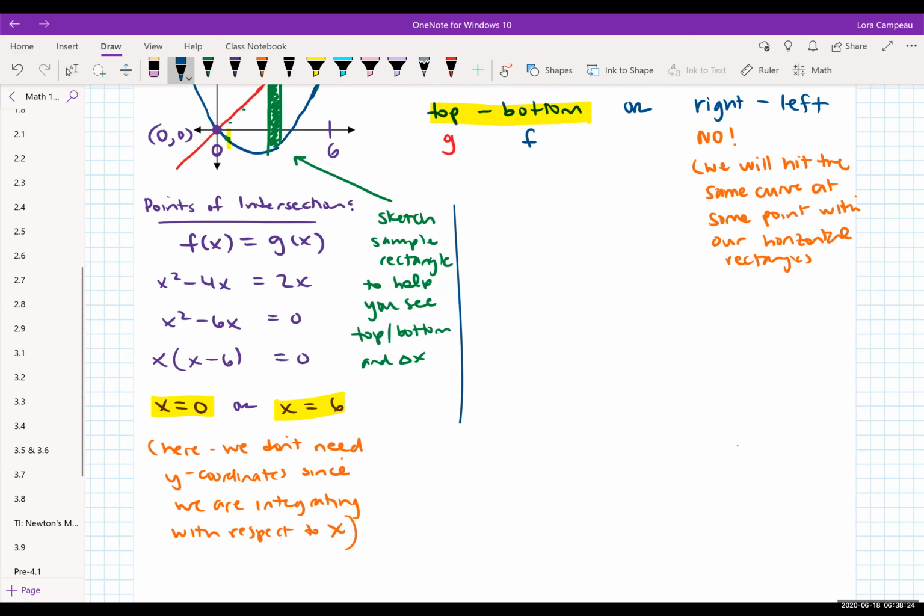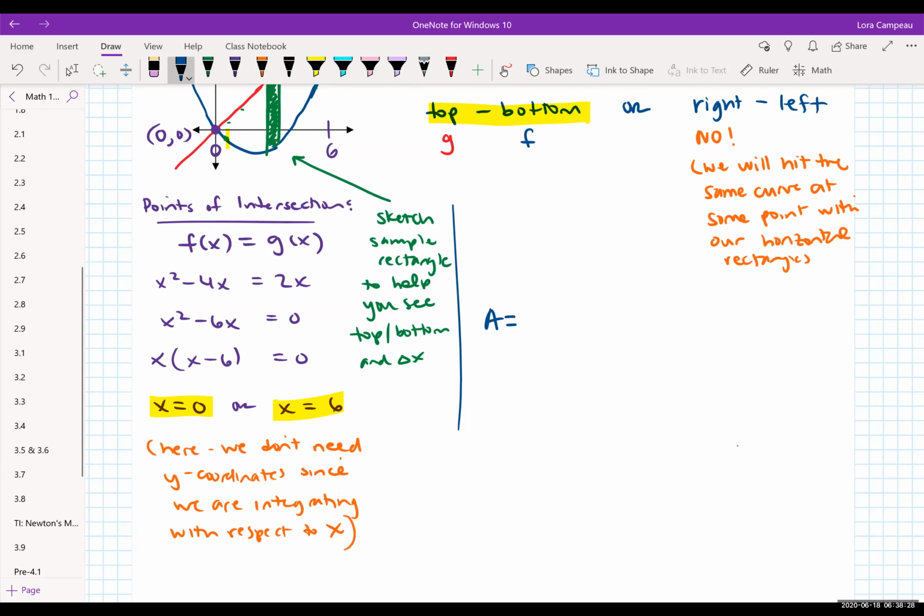So now, having said that, we can now look at our area formula. An integral from a to b of your two functions being subtracted with respect to x. And remember, the formula itself is just specifying who's on the top and who's on the bottom.